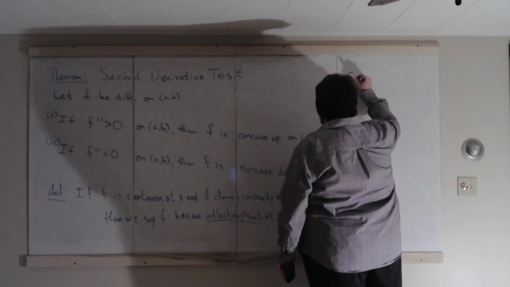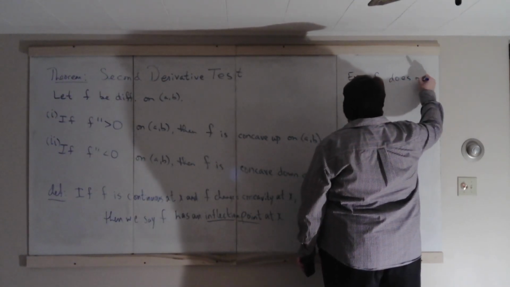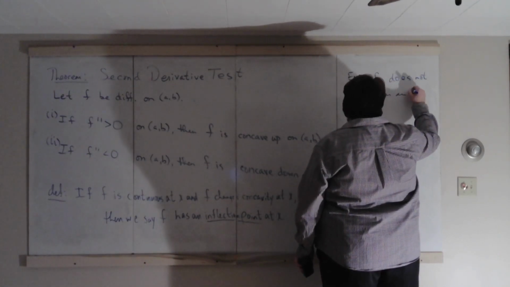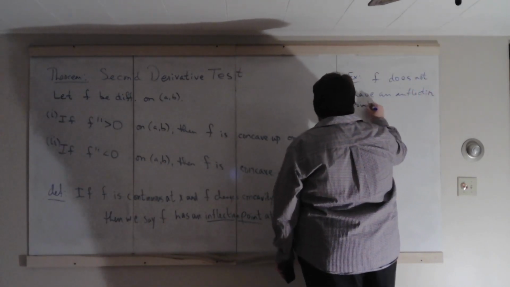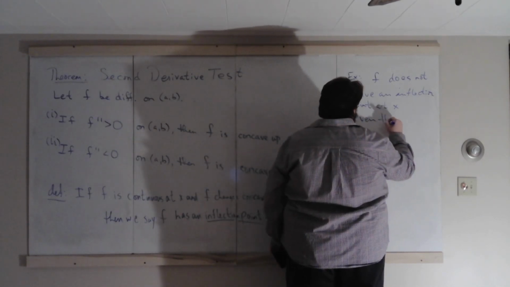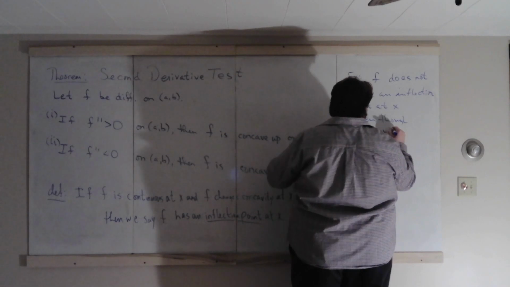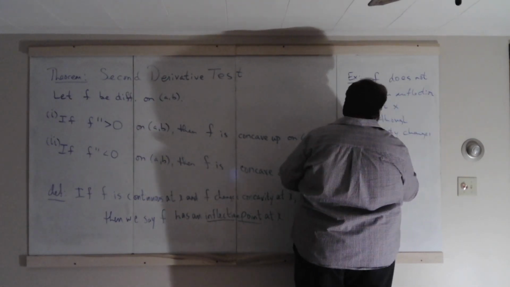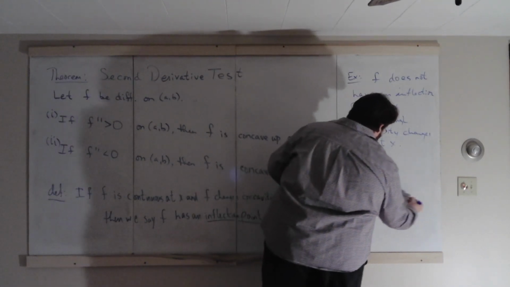So example, f does not have an inflection point at x, even though concavity changes at x. And what would that look like? Well, we could have a graph like this.